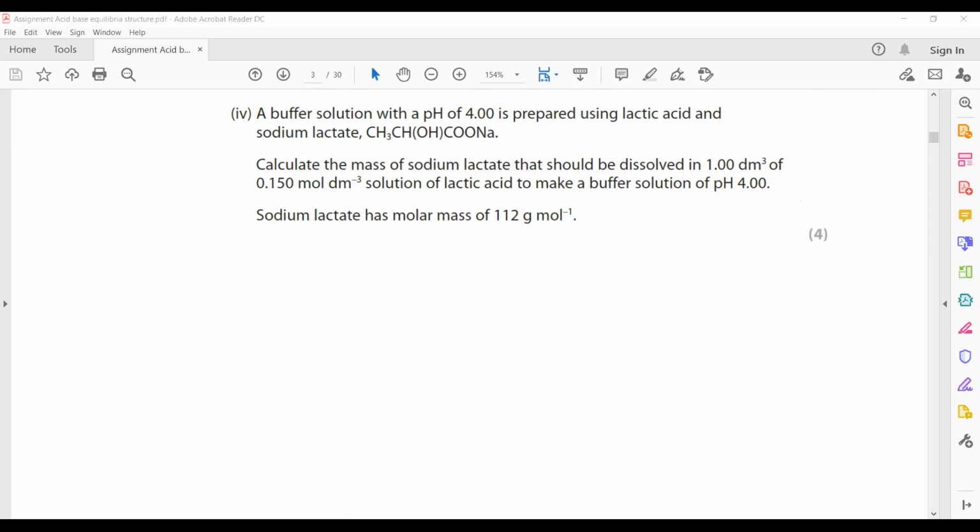So first, we will find the hydrogen ion concentration. The pH is given.